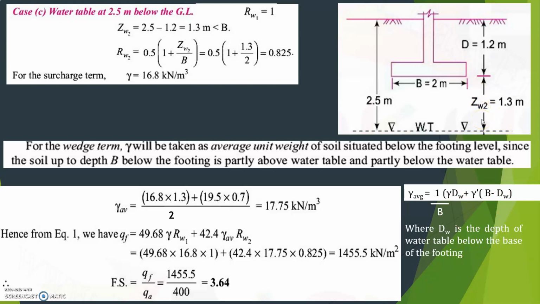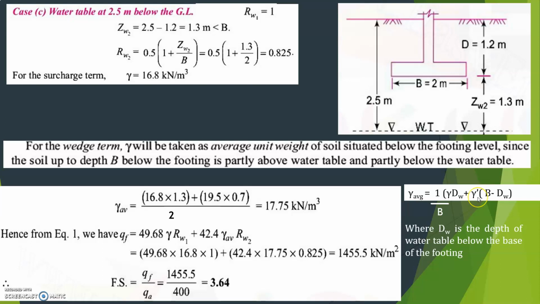So now let us calculate gamma average. Here 1 into gamma, that is 16.8, into dW. dW is nothing but the depth of the water table below the base of the footing, that is this portion, 1.3, plus gamma dash, that is 19.5.